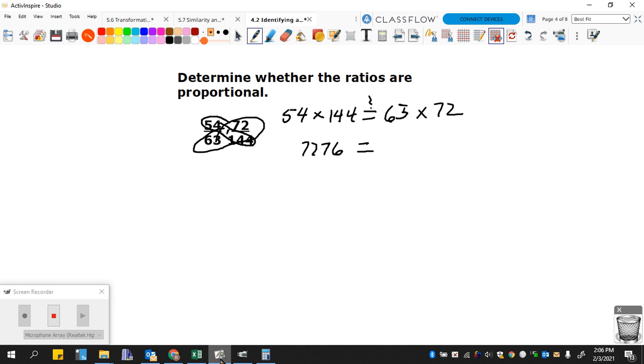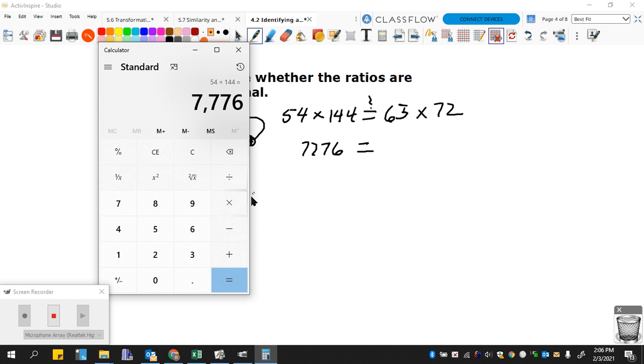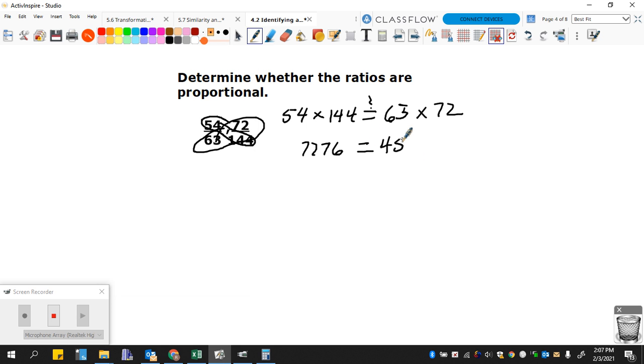And then we do 63 times 72, and that's not even close. It's 4,536, I believe. Yep. And so this is not proportional.